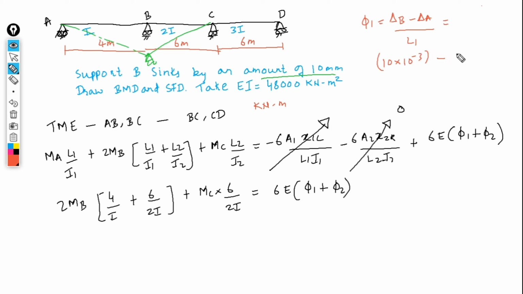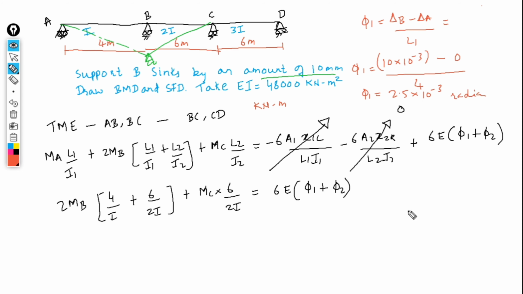Delta A is 0, divided by L1, and L1 is 4. So phi1, when you solve, is 2.5 into 10 to the power minus 3 radian.